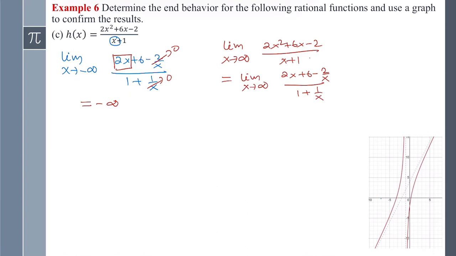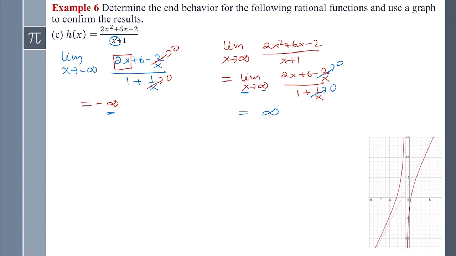And again, it's the same thing here. This approaches 0, this approaches 0. As x approaches infinity, x is an arbitrarily large positive number. So 2 times that number is a very large number, which is infinity. Now, here we don't have a horizontal asymptote because our limit is not finite.